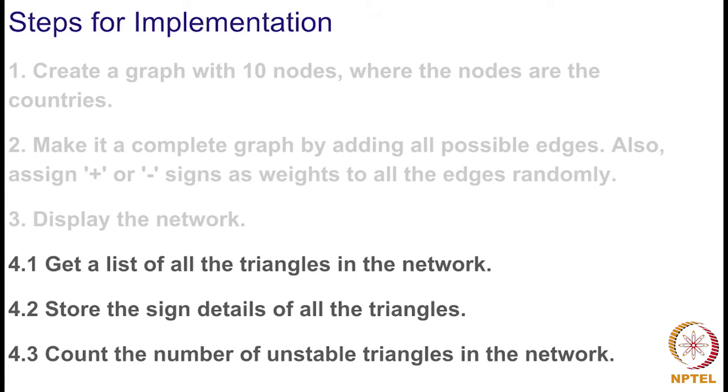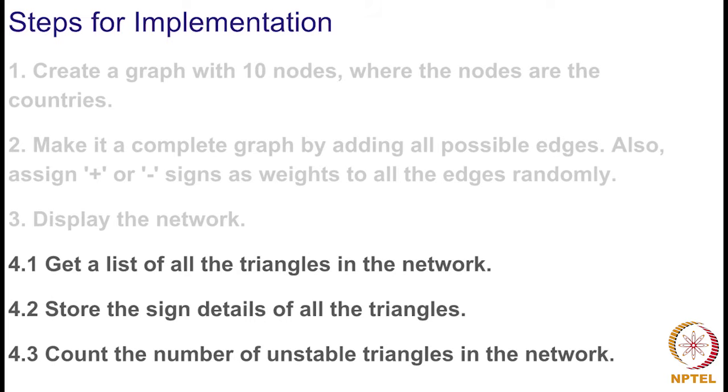Maybe we'll create a list where we'll store the sign details of each and every triangle. Now you might remember from the previous video that if the triangle has 3 or 1 positive edges, then it is stable, and if the triangle has 0 or 2 positive edges, then that triangle is unstable, right? So we're going to use this detail to check whether a given triangle is unstable or not, and we'll finally get the total number of unstable triangles in the network.